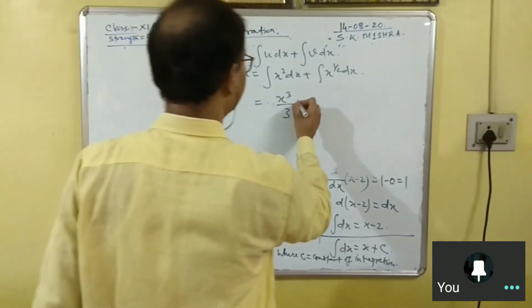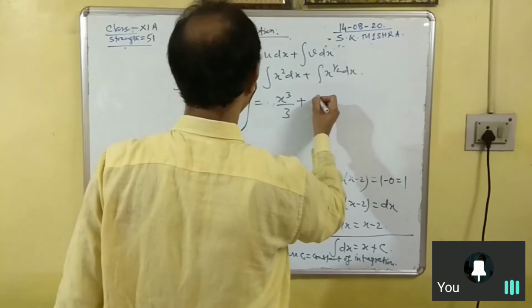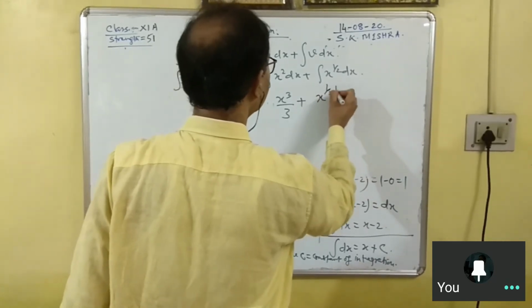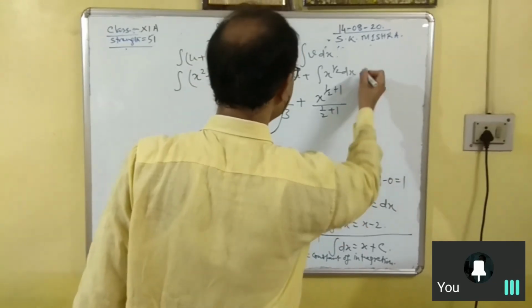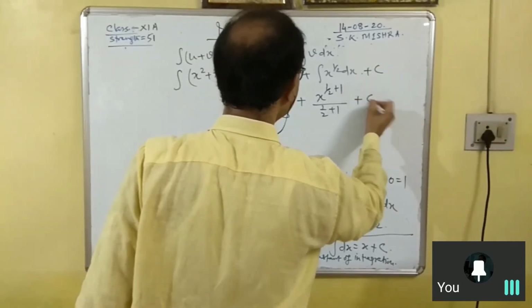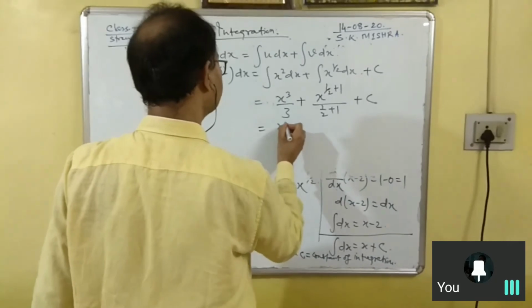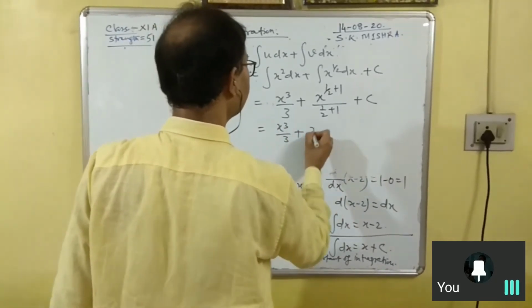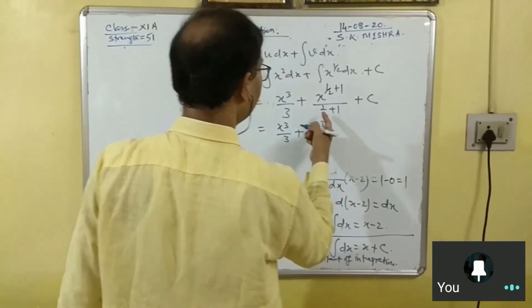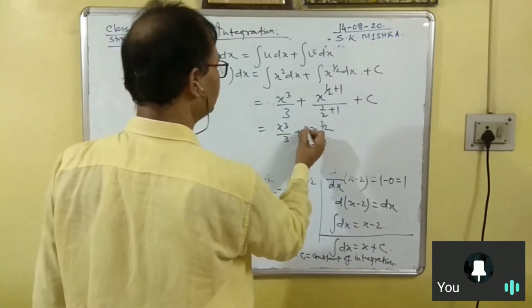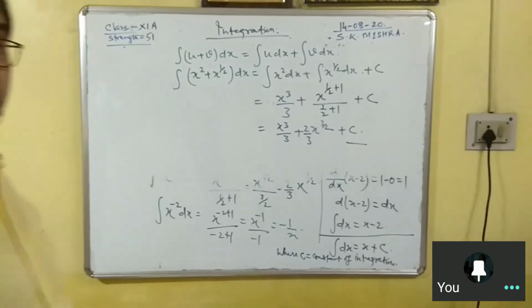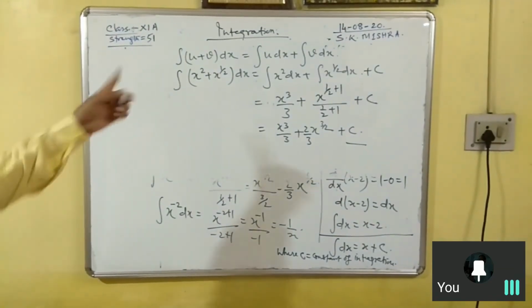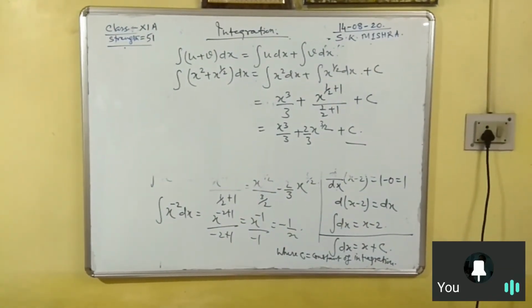Plus x raised to half plus 1 by half plus 1, plus some constant c also. Okay, I am writing c also. So this is x cube by 3 plus x raised to 3 by 2, and here it is 3 by 2, so I write 2 by 3, plus some constant c. So based on the above formula, you can write it this way also.